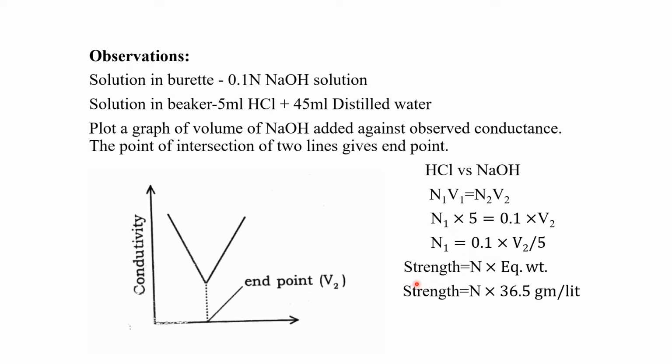Now calculate the strength of HCl as normality into equivalent weight of HCl. So put the value of normality, multiply it with equivalent weight of HCl, which is 36.5. Then we will get the strength of HCl in grams per liter.